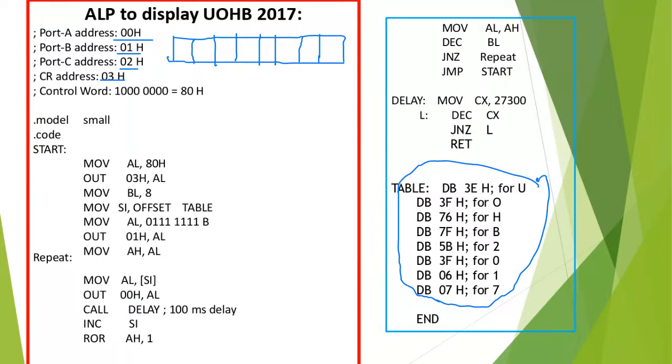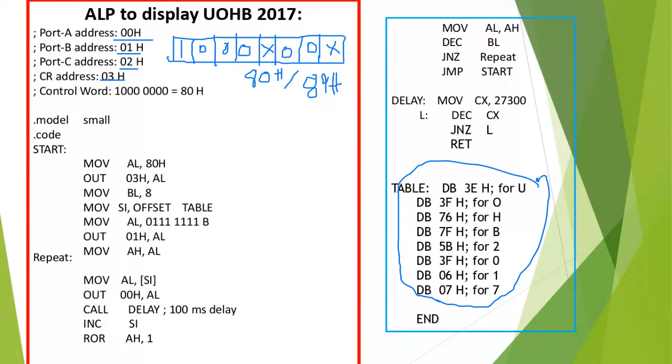This one is for port C lower, it is don't care, and port B output, mode 0, and then port C upper, this is don't care, and port A is also an output port. These 2 bits are for mode 00, and then the MSB bit is 1, active. So if don't care cases are 0, that means it is 80H, or if don't care cases are 1, it becomes 89H. Both are okay. This is about the control word.